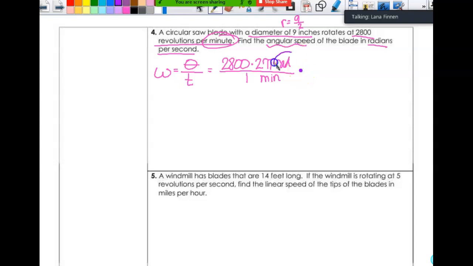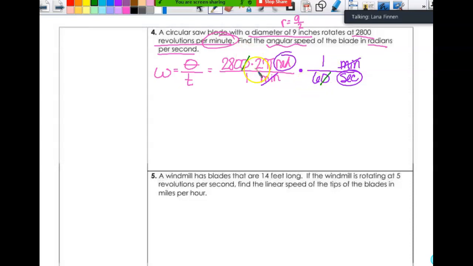I want radians, so I'm good with the radians, but I want radians per second, so this would be minutes up here so that it'll cancel out, seconds down there. For every 1 minute, there is 60 seconds. So now I have radians per second, and I can simplify. I can divide these both by 10, knock out the zeros.